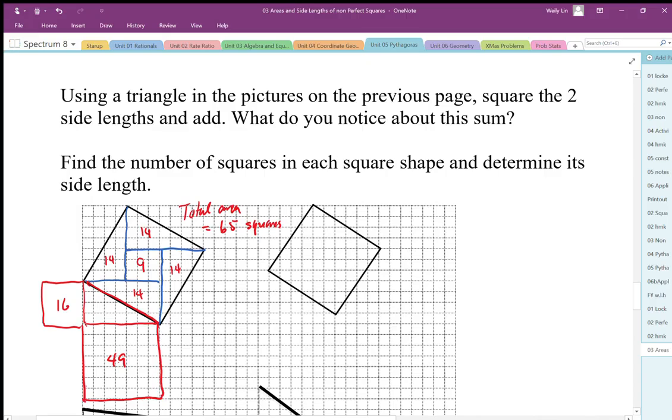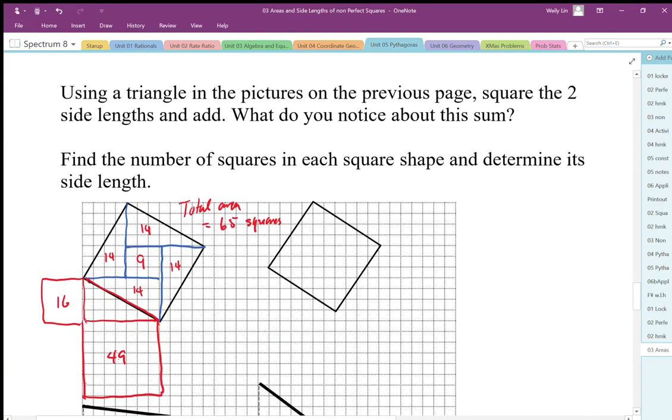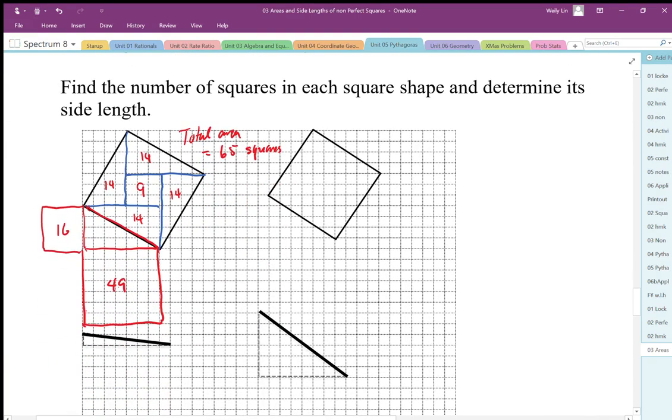Now maybe we just got lucky all these times, but it seems reasonable that this square and this square fit into that square. It's hard to see, but our numbers seem to be working out as well. So maybe there's something to this.